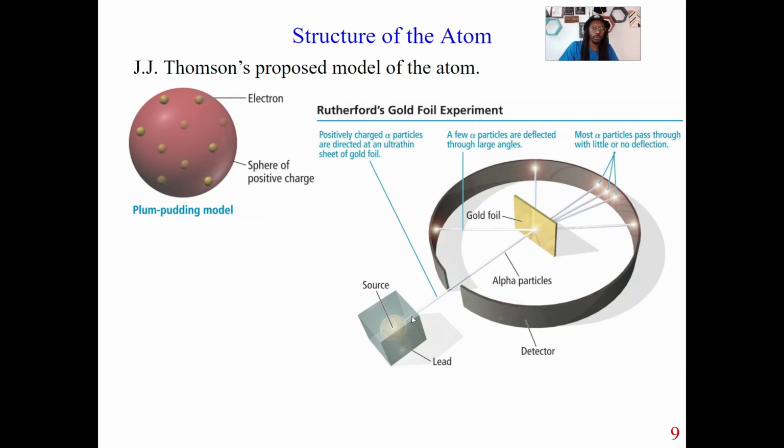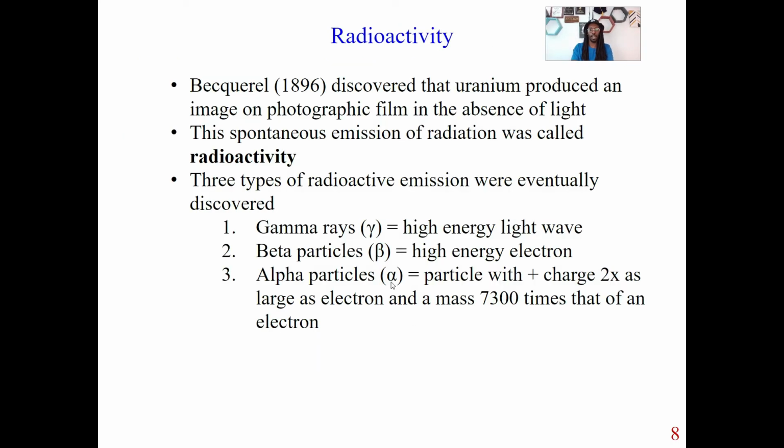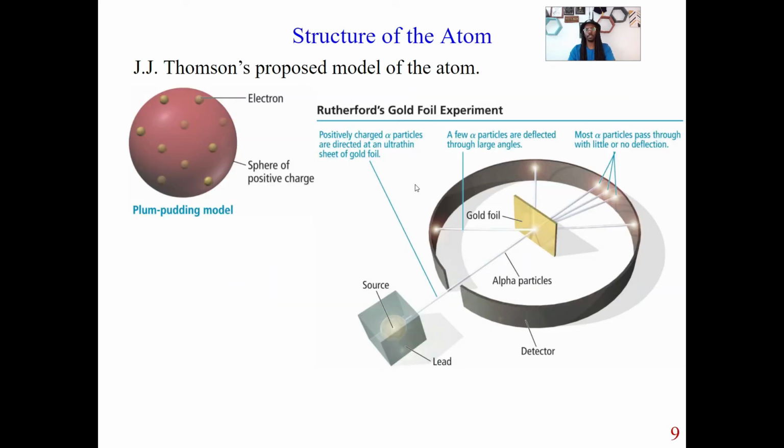All right, now that we know about those alpha particles, let's look at the experiment. So he's going to do this gold foil experiment. Basically, we have our source, and this source is surrounded by lead. In this source, we're going to shoot that energy through here.